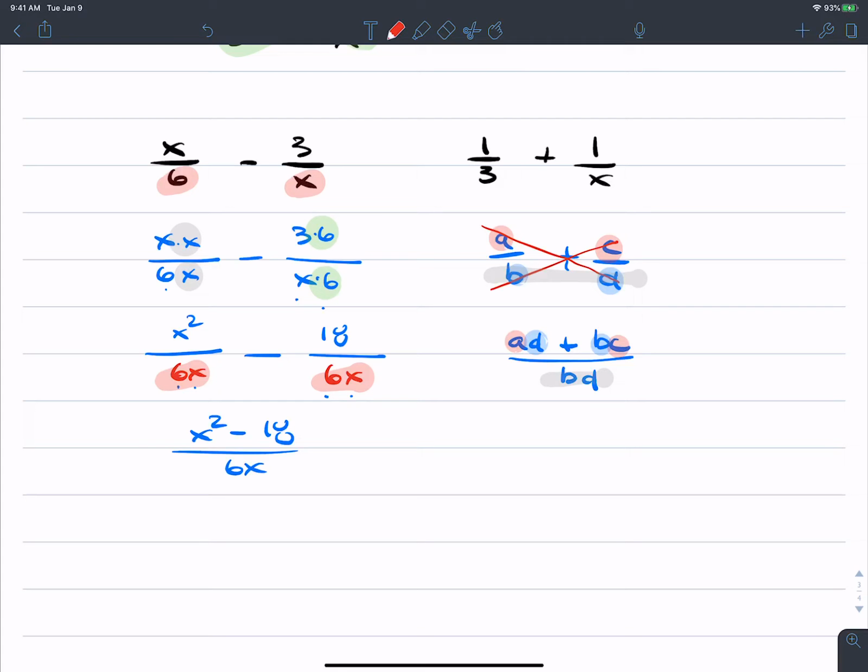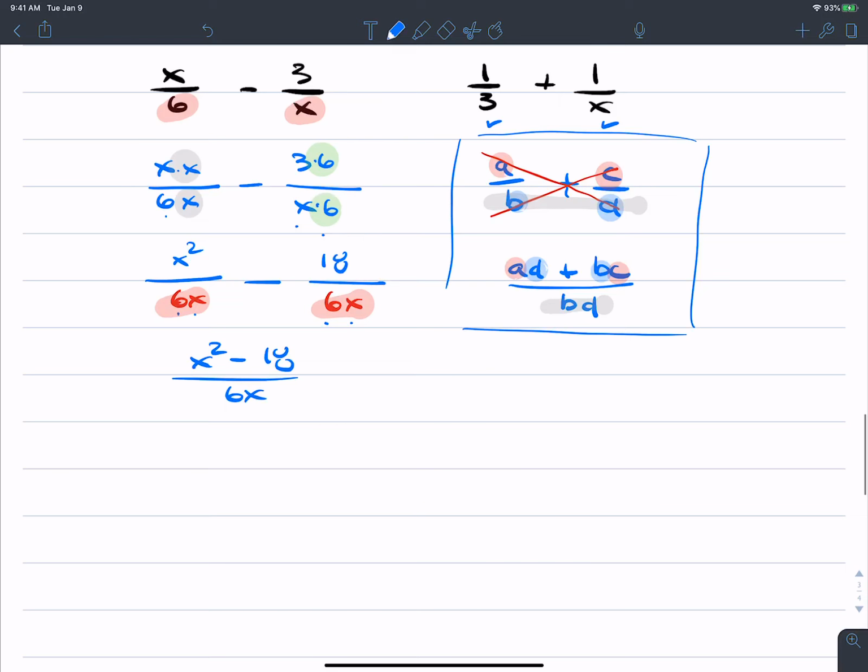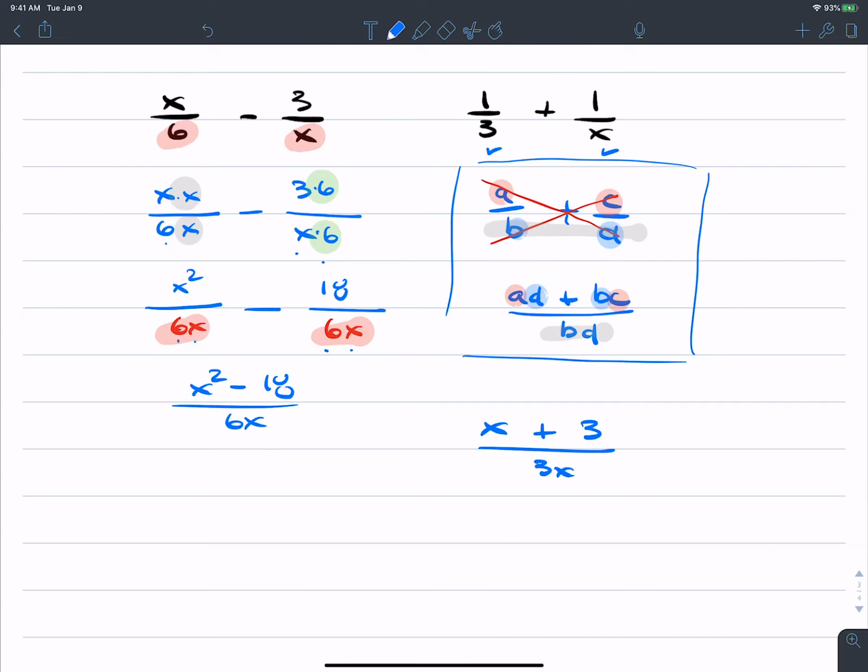Now, this is a shortcut formula that really can be used for adding unlike fractions every single time, although it's not recommended to do that. What's recommended is that if these terms are prime, then go ahead and do your shortcut since they're prime. And you're going to end up with the following now. This is going to be x plus 3 over 3x, because you did your cross multiplication here, and then you did the horizontal cross multiplication.